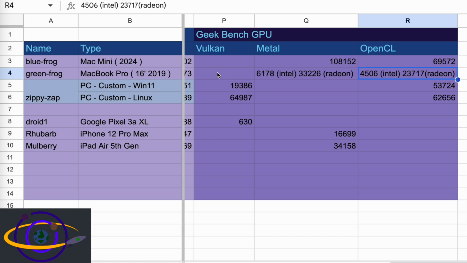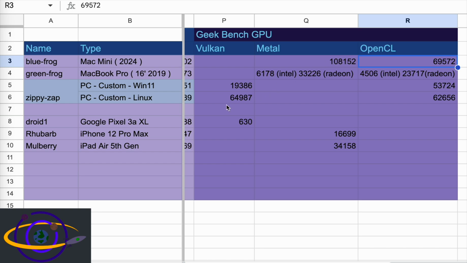So let's take a look. The M4 Pro gave us the best results out of everything when using Metal, with 108,000. Now with OpenCL, it was a little over 69,000, which still beats out everything else. So whether it's using Metal or OpenCL, it is the clear winner.